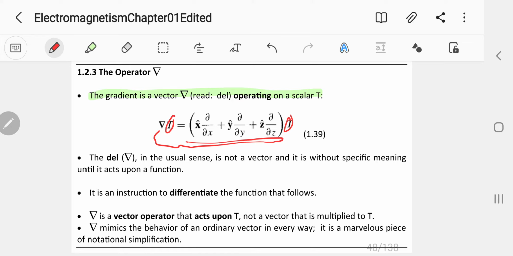By the way, please don't forget dt, which is equal to the gradient of t dot dl. This is called the total derivative. But this one is called the gradient of t. dt is the total derivative of t. So you have to remember this.